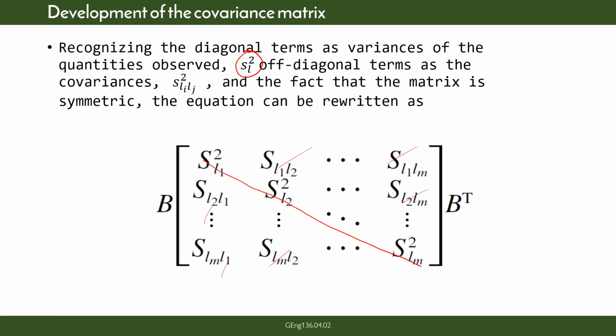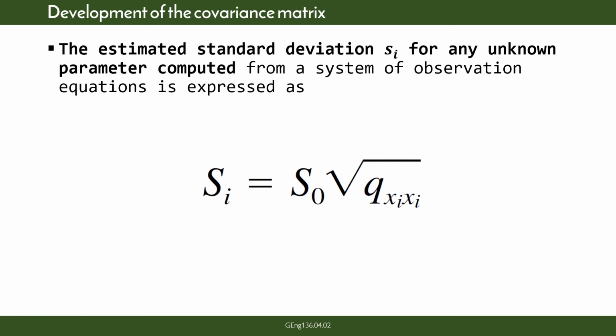So to compute the estimated standard deviation for any unknown parameter computed, after or before adjustment, from a system of observation equations, it is expressed as in this equation, where Q is the diagonal element.